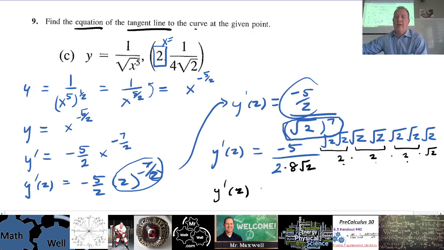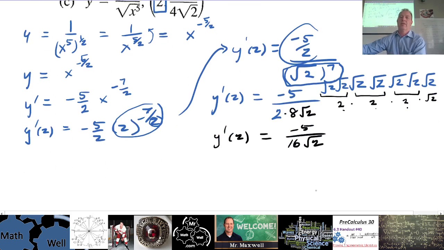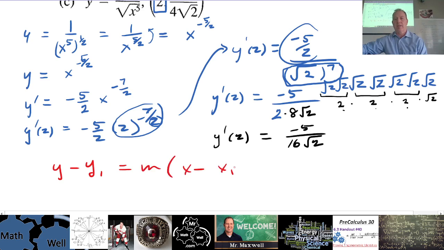So the value of the slope should be negative 5 over 16 root 2. And it's okay to have that root 2 in the denominator, I suppose, in calculus. So that is the slope so far. All we need now is the point, and we'll do the point-slope form, which looks like this: y minus y1 equals m times x minus x1.